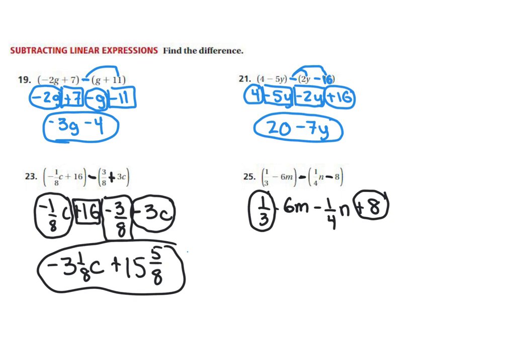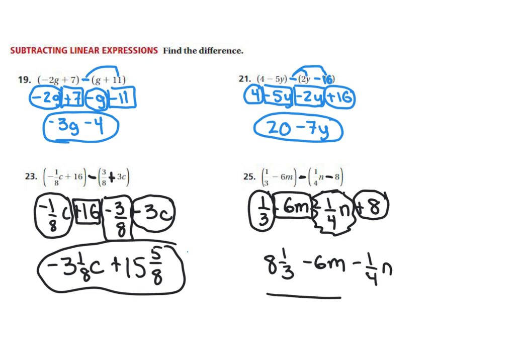All right, so that's going to be 8 1/3. I have negative 6m and I have negative 1/4 n, and we cannot combine any of those terms because they are all different. So I have 8 1/3 minus 6m minus 1/4 n.